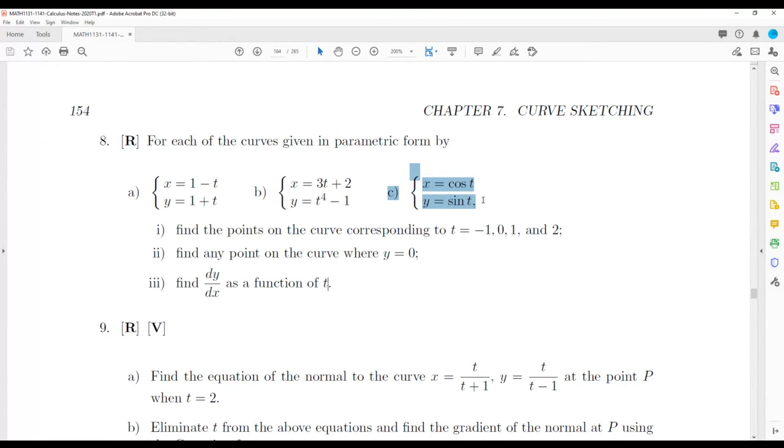So we kind of know what's happening with our curve, and the way that you can confirm that is just go, well, cos squared plus sine squared equals 1. So you'll get that out. Find the points corresponding to this. So you would basically just put in t equals -1 here, and then 0, and then 1, and then 2. Okay, so let's go through this, and we can work it all out.